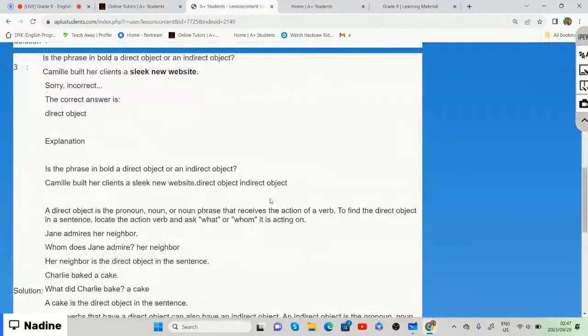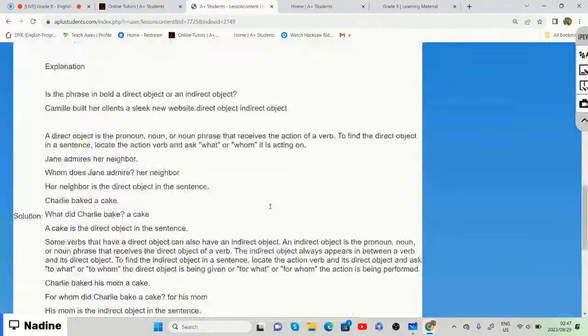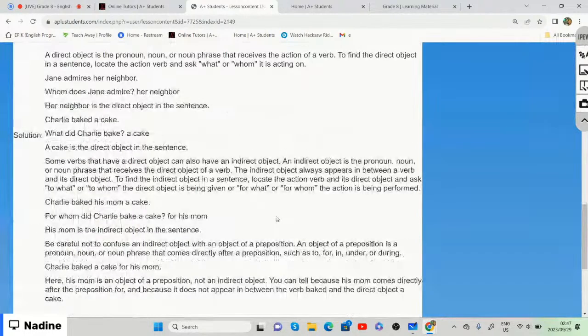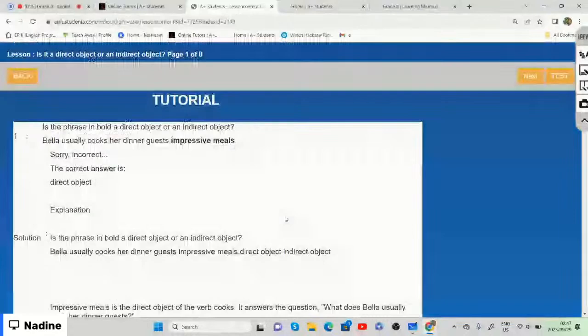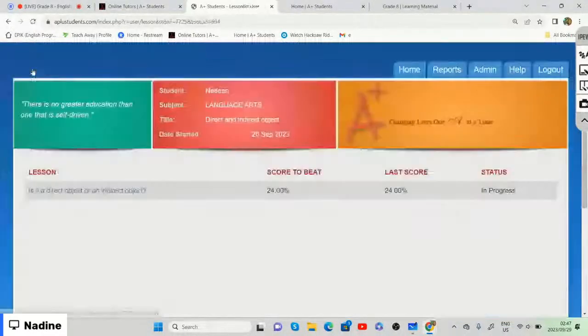That is for a direct object. And for an indirect object, we can ask ourselves questions like to what or to whom the direct object is being given, or for what or for whom the action is being performed. So that is a direct object and an indirect object.